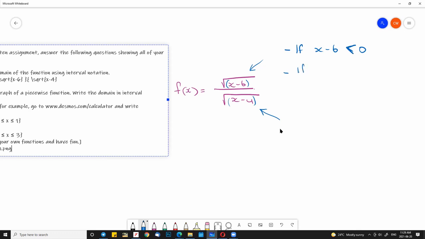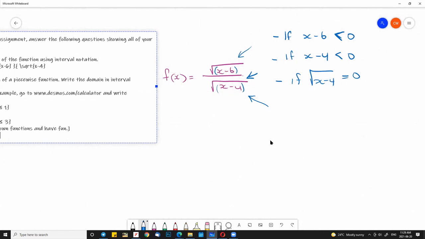If x minus 4 is less than 0, we know the function fails again, right? And we also know that if the denominator of any fraction is equal to 0, then the result is undefined, right? So if square root x minus 4, and by extension x minus 4, equals 0, then we know it fails. The function does not exist in that domain.